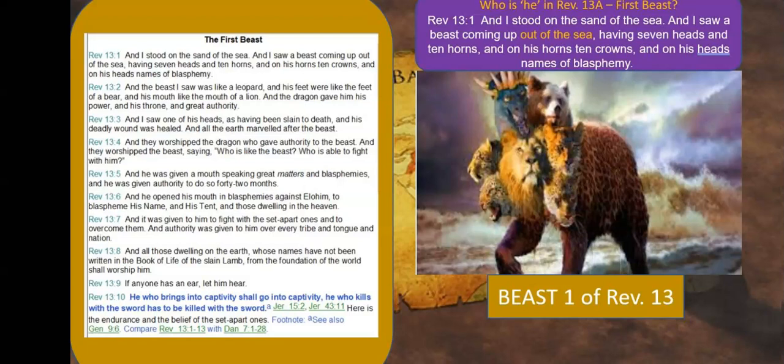Now, the question is, we've been hearing about a lot of symbolism, symbolic beasts with horns and crowns and all kinds of things going on, coming up out of the sea. But this timeline is not a prophetic, symbolic timeline.